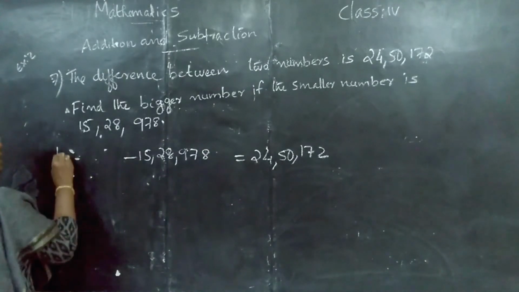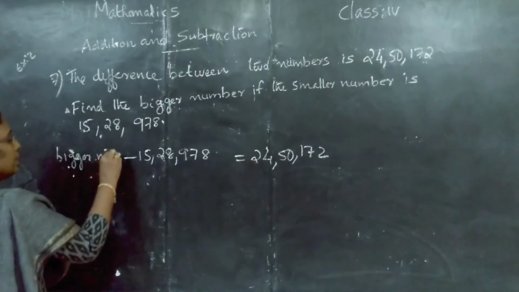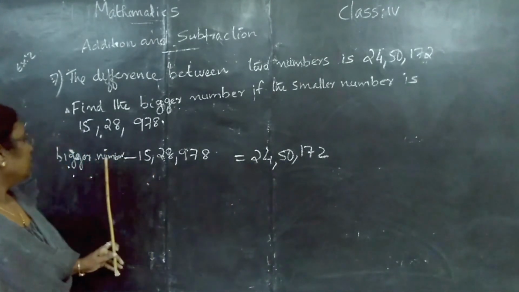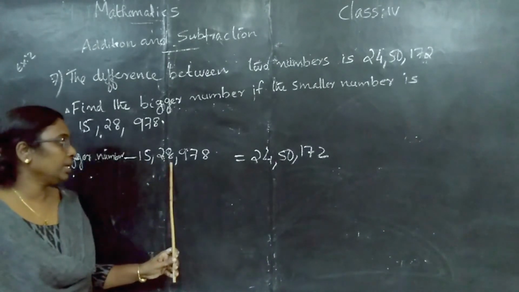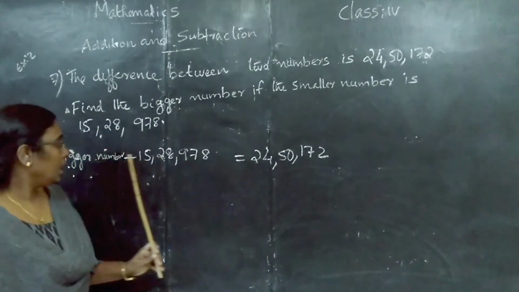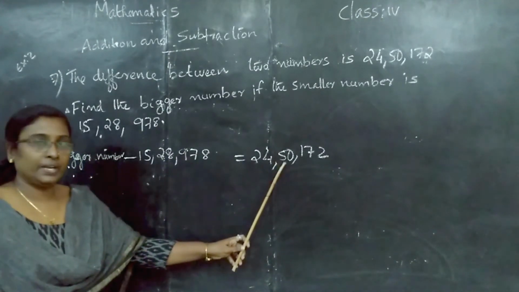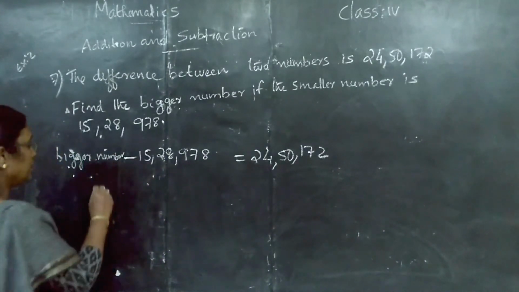Okay? Bigger number minus smaller number is the difference. How do we find the bigger number? By adding the difference and the smaller number, we get the bigger number.